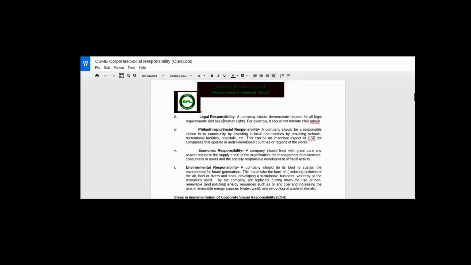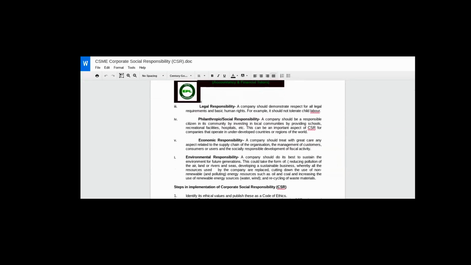Under the legal responsibility, a company is expected to demonstrate total respect, commitment, and compliance to all stipulated laws, regulations, and code of corporate governance.